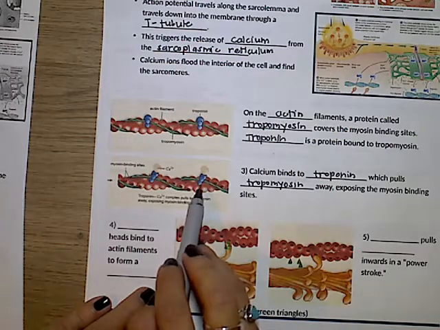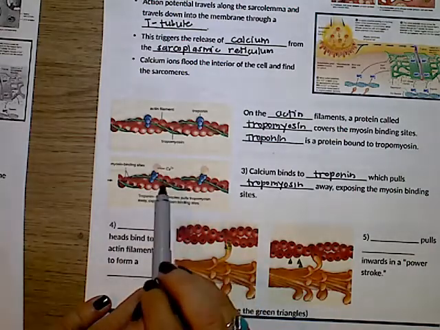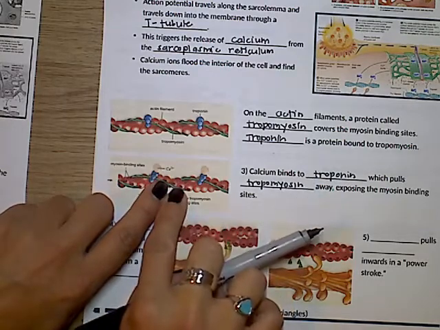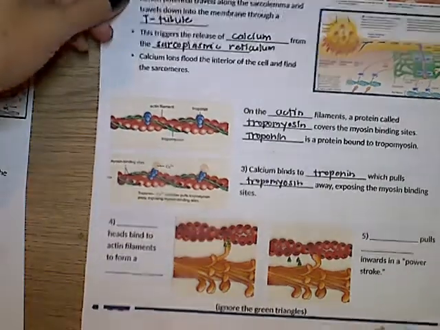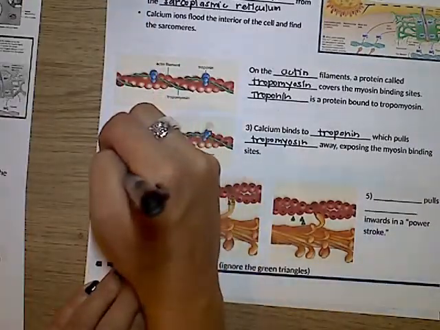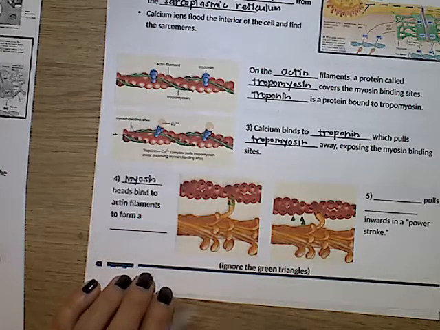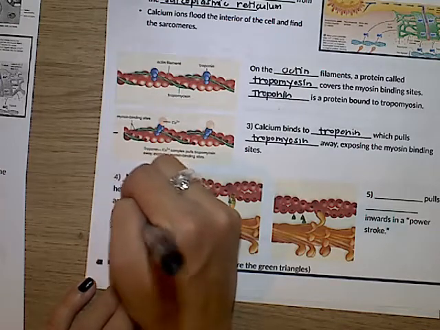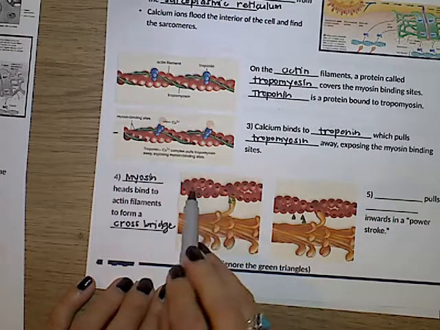So think of the troponin as a bodyguard for these myosin binding sites, and a bunch of calcium comes along and it gets distracted by the calcium, stops doing its job, and now the tropomyosin moves off the binding site. And now let's see what happens next. Step 4, now the myosin heads bind to the actin filaments, because we have these open binding sites now, to form what we call a cross bridge. Because now we've made a connection between the myosin here and the actin.